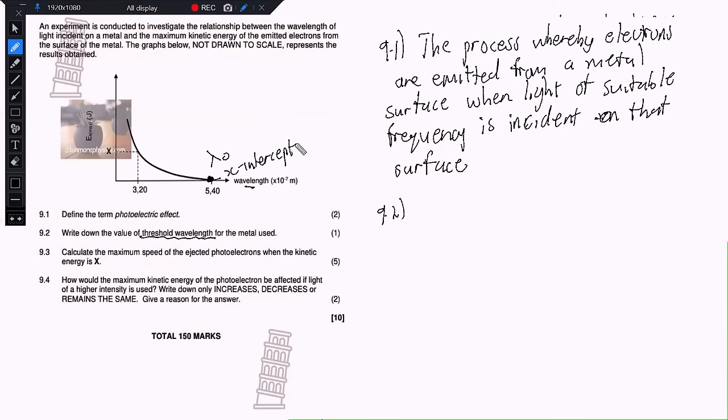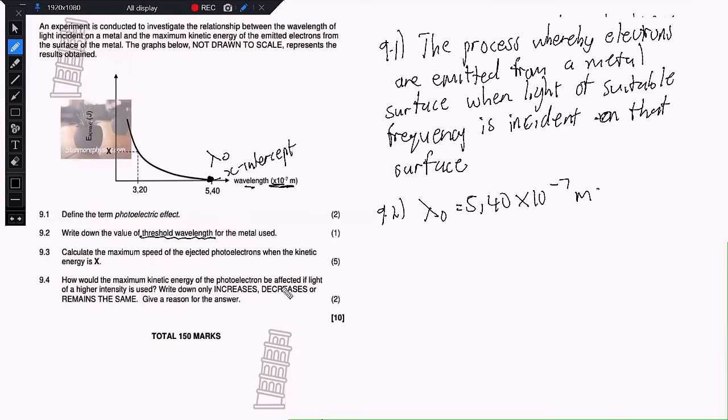So our threshold wavelength is equal to 5.50, but then you don't just write it like this. You need to also consider that there's times 10 to the exponent of negative 7 here, which is indicating that each and every value here has to be raised to that exponent there. So times 10 to the exponent of negative 7 meters, right?